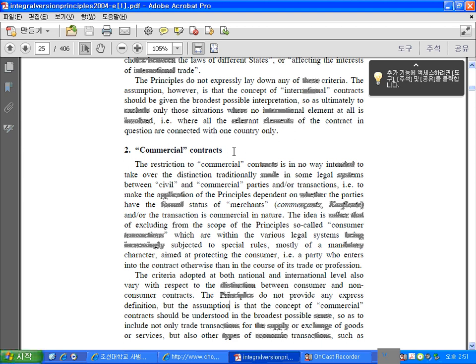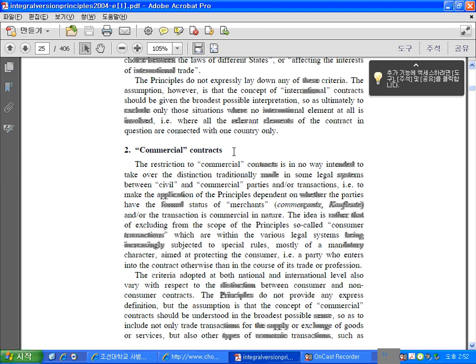So the concept has a subtle difference, and the basic reason to distinguish between consumer transactions and commercial transactions lies in the major difference that public policy more readily applies to the consumer transaction, since the public also often has a major responsibility to protect consumers.